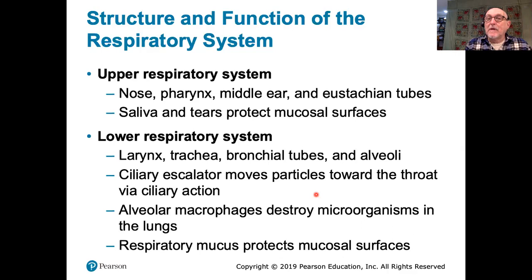But in addition, both saliva and tears, and also mucus produced in the upper respiratory tract, are all protective of the mucosal surfaces and have direct action. For example, lysozyme in tears has direct antibiotic activity against gram-positive bacteria, especially because it breaks down the gram-positive cell wall.